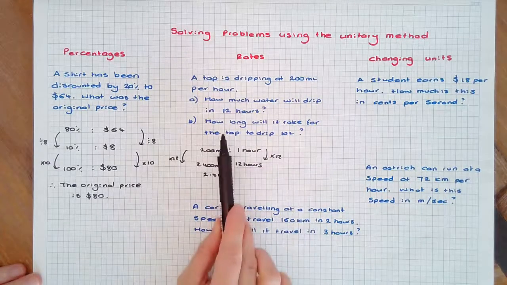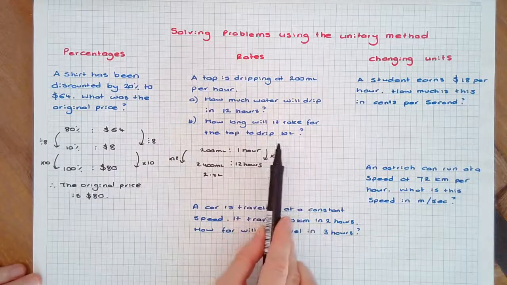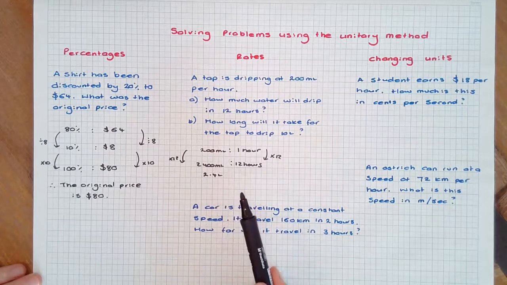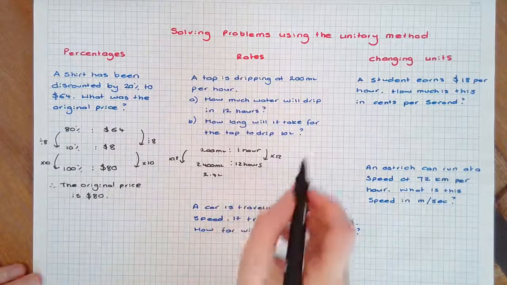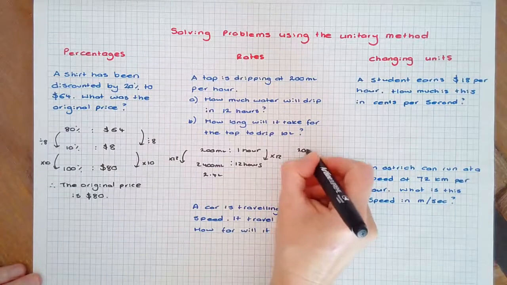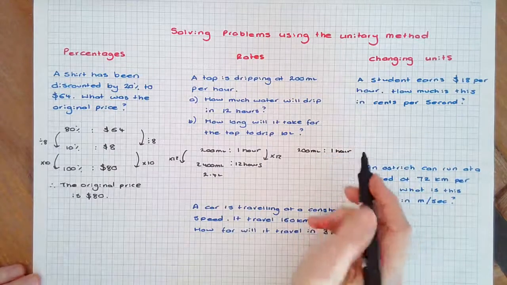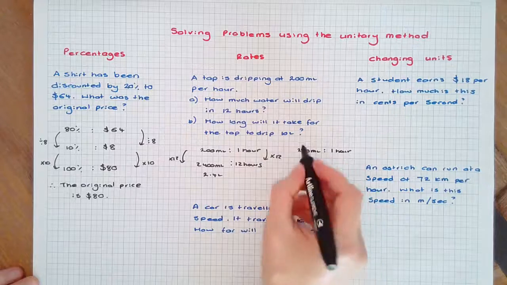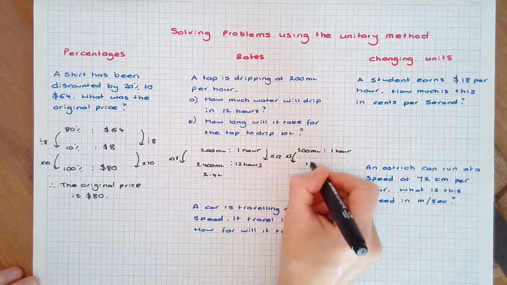The second question, how long will it take for the tap to drip 10 litres? We have here 200 mils in 1 hour. Now, rather than taking the hours down, I'm going to take it up to 1 litre. So 200 mils times 5 will be 1 litre.